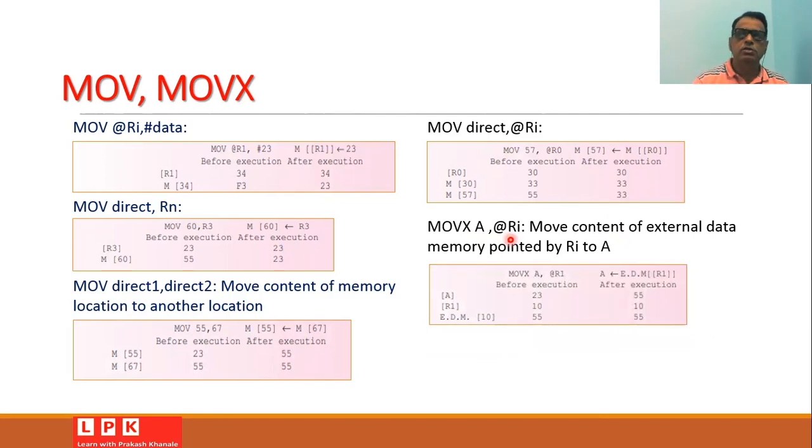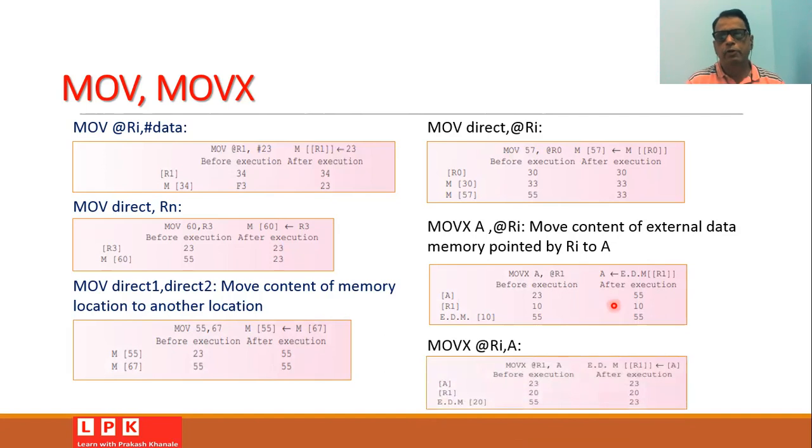If we write the instruction MOVX A, @R1, and before the execution, if the content of A is 23, content of R1 is 10, and the external data memory 10 has a content of 55, then after the execution of this instruction, the content of accumulator will be changed to 55, while the rest two will remain unchanged.